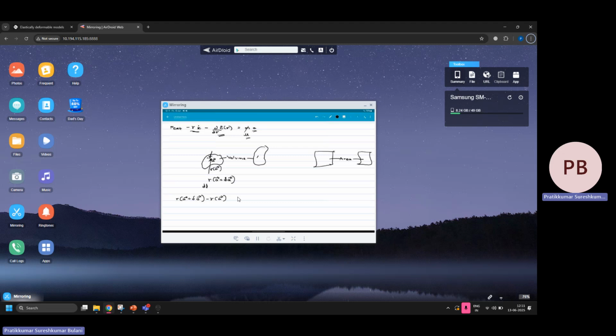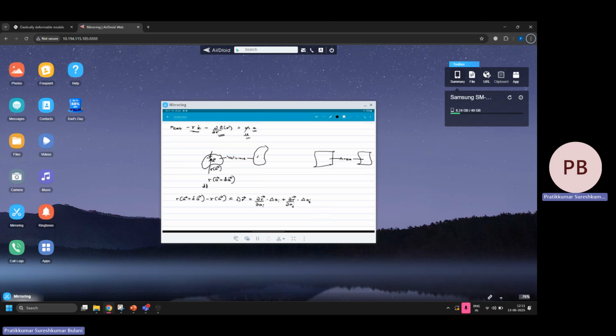Let me call it delta R. We know this should be given by the Taylor expansion as the partial derivative of R with respect to the coordinate A_i times delta A_i, whatever change I have made across that material coordinate, plus the partial derivative of R with respect to, let's say, A_j this time, times delta A_j, and so on.